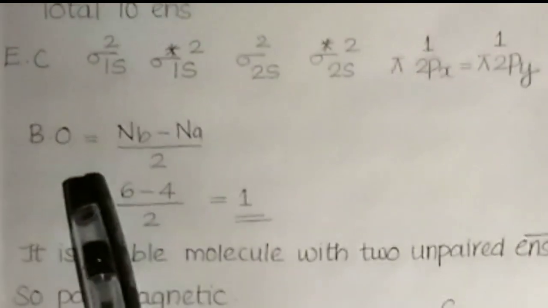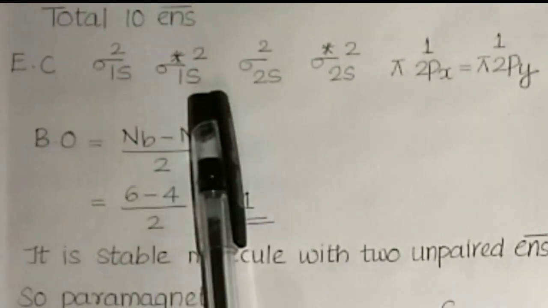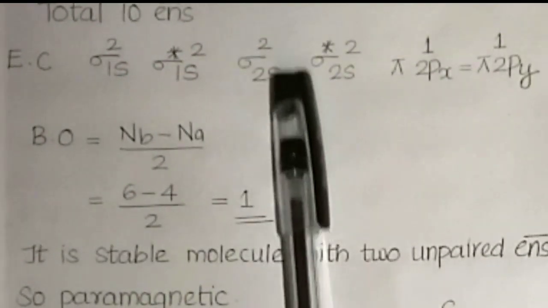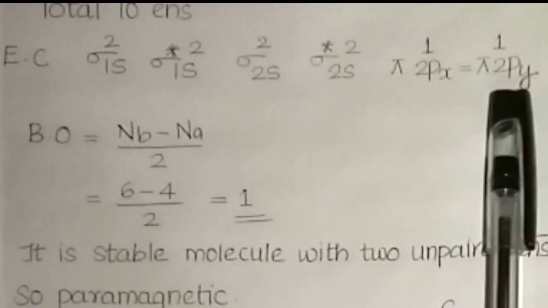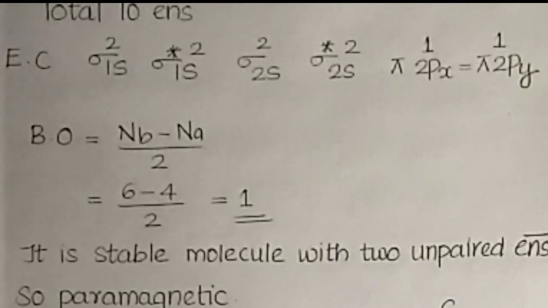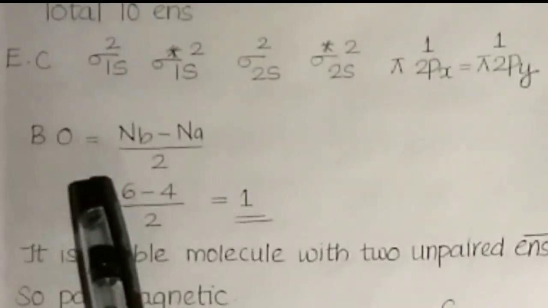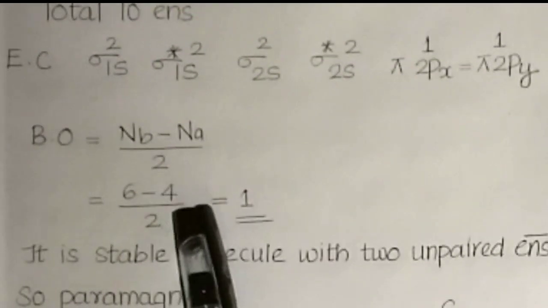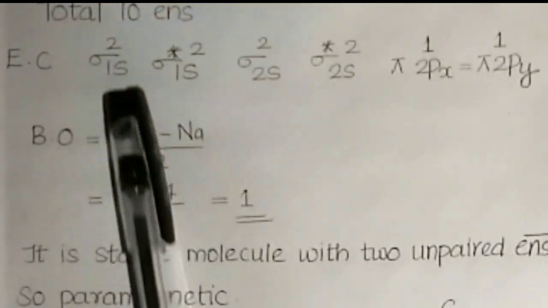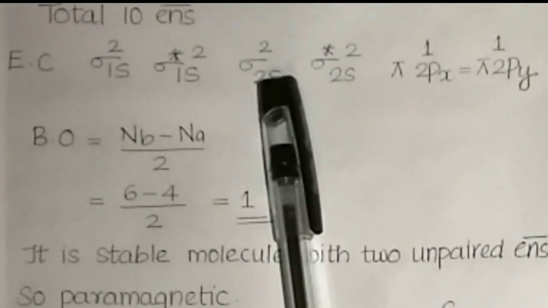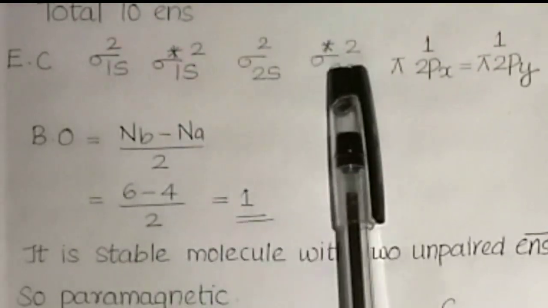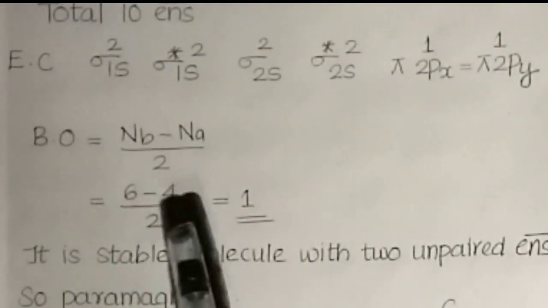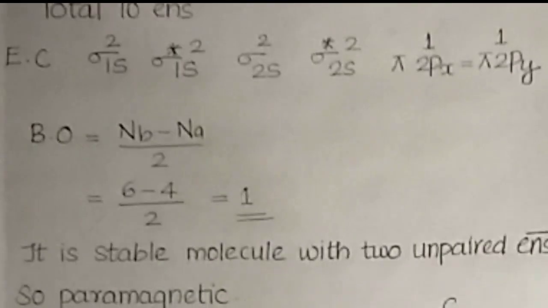So this can also be written as KK sigma 2s2, sigma star 2s2, pi 2px 1, pi 2py 1. Bond order is equal to Nb minus Na by 2. Nb, number of bonding electrons, are 2, 4, 5, 6. 6 minus 2 plus 2, 4, by 2. 6 minus 4 by 2 is equal to 1.